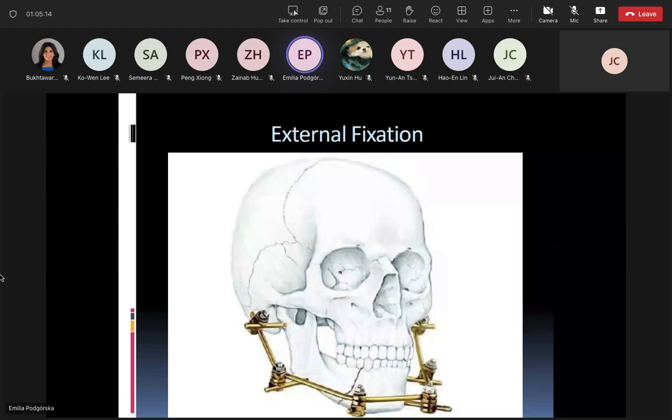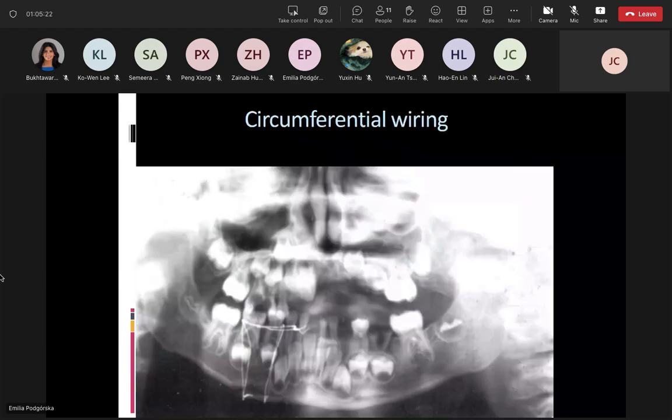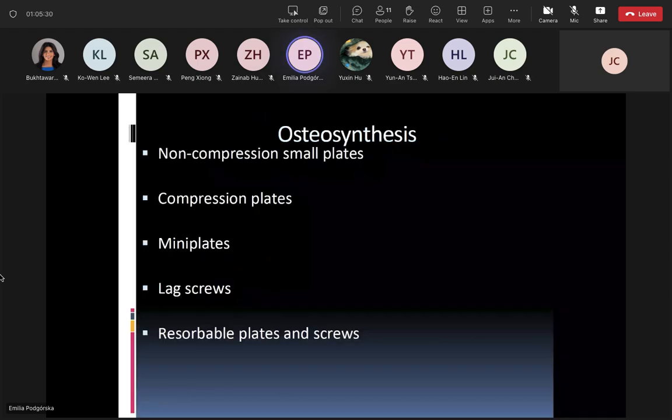External fixation. Interosseous non-compression small plate, compression plate, mini plate, locking screws, and resorbable plate and screws.